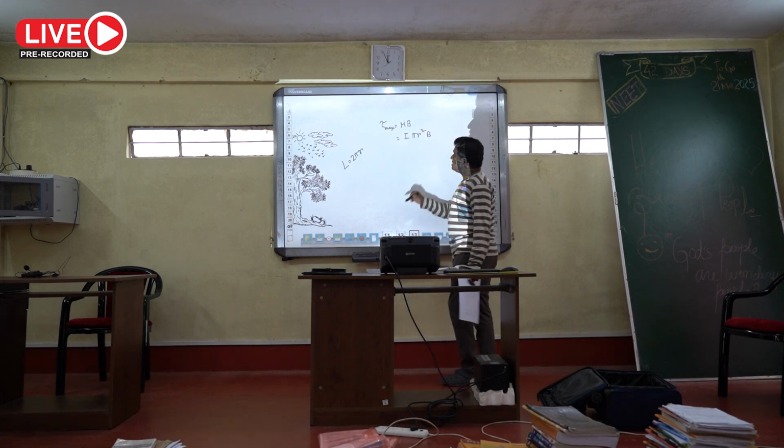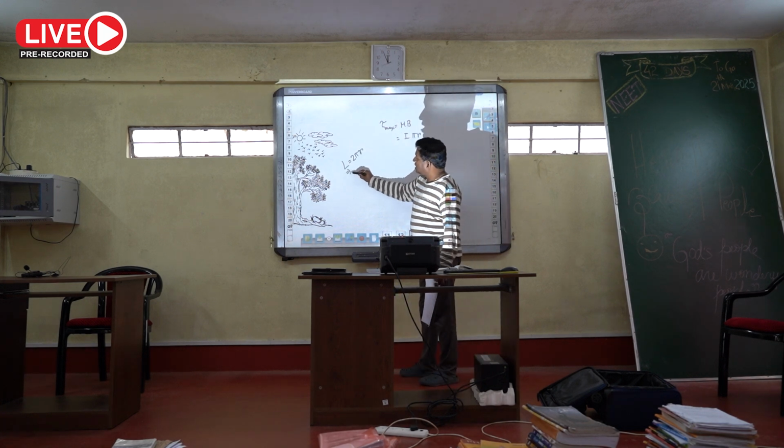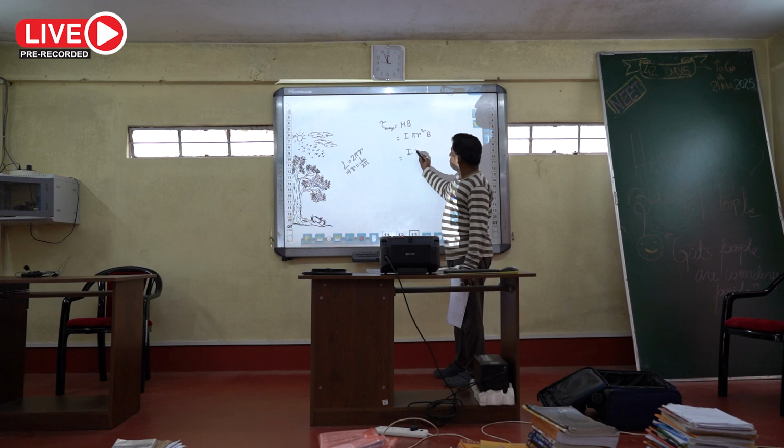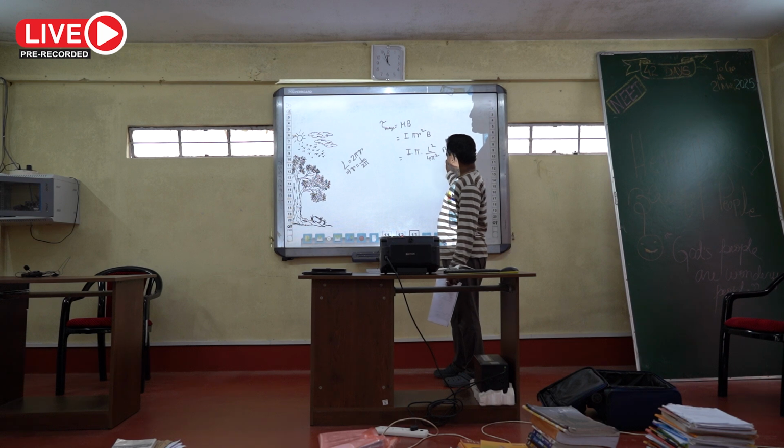So replace r with L by 2 pi. So it will be I into pi into L square by 4 pi square into B.